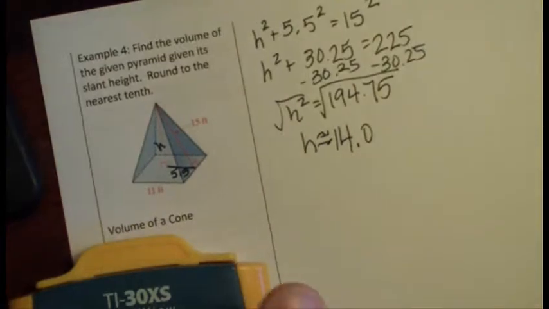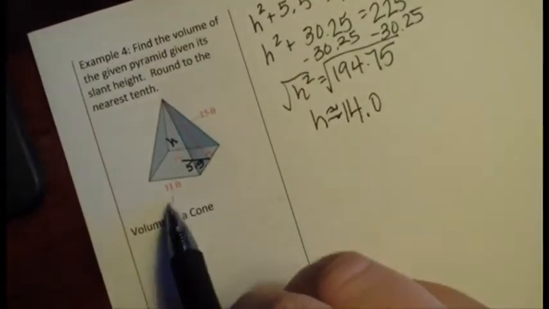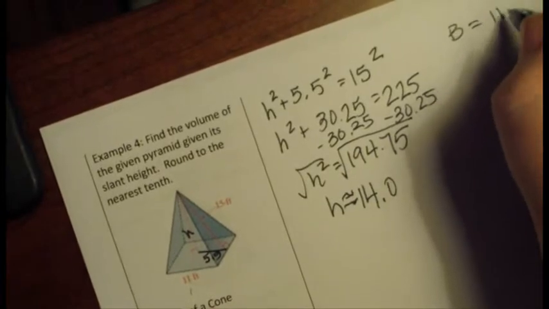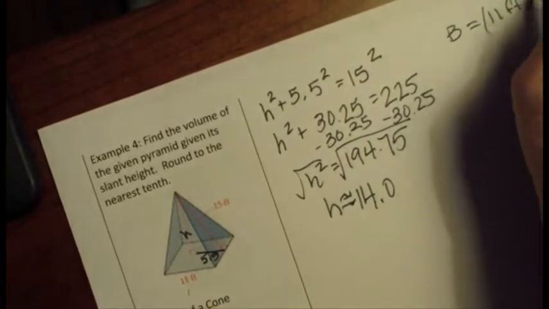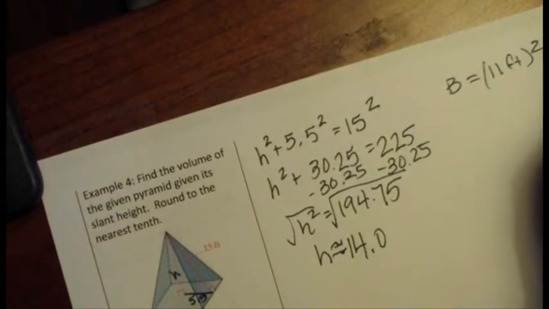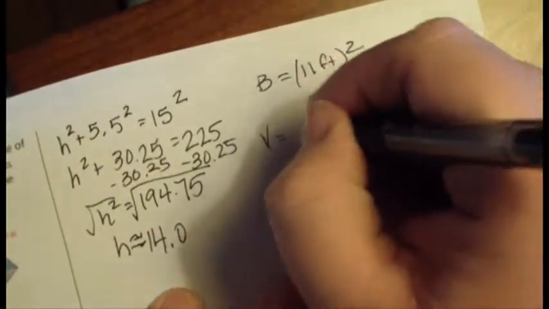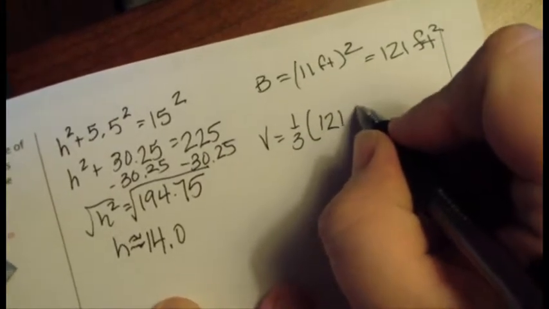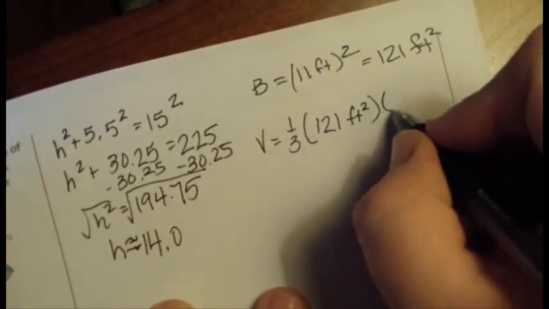All right, and then again, we've got our square base. So our base area is going to be side squared, and 11 squared is 121. So the volume of our pyramid is 1/3 times base area times height.